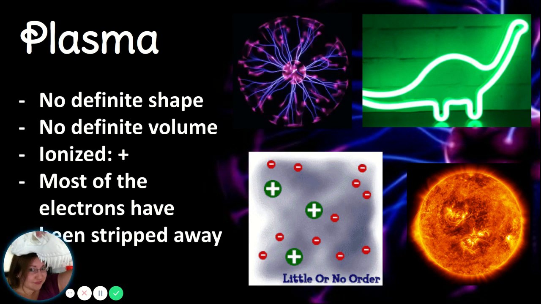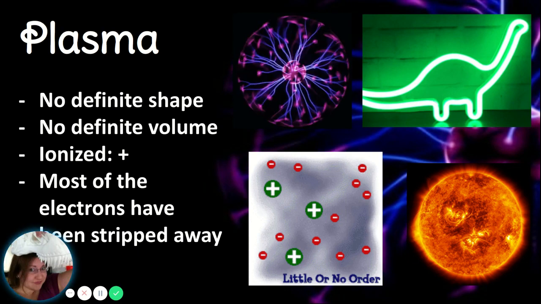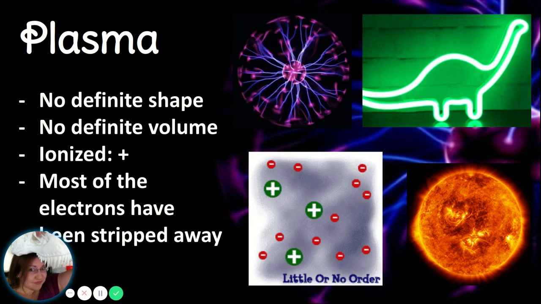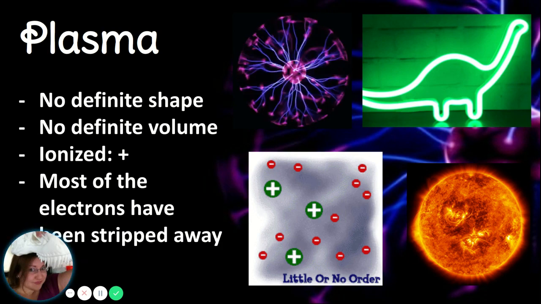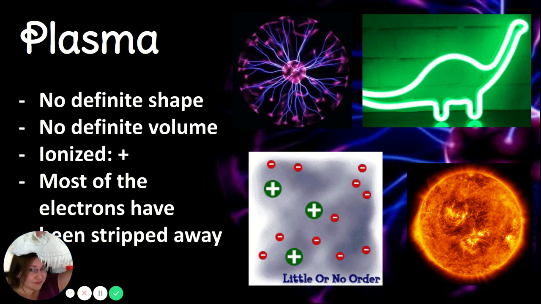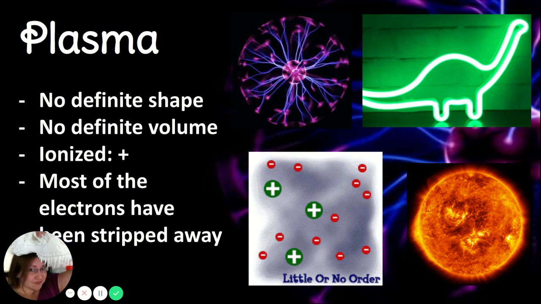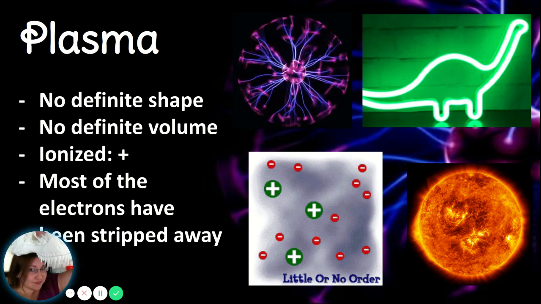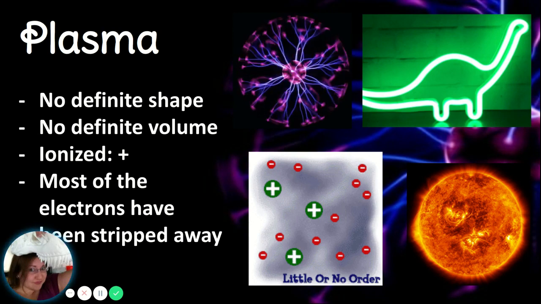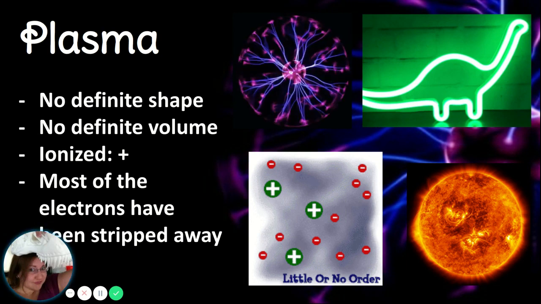Plasmas are actually going to be ionized, and they're positively ionized. So what this means is instead of it being like a gas, where the particles just kind of move around and bounce around and are neutral, like most matter that we encounter, it's going to be ionized. So it's going to be positively charged because most of the electrons have been stripped away.